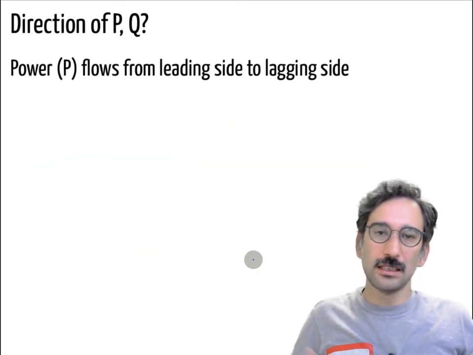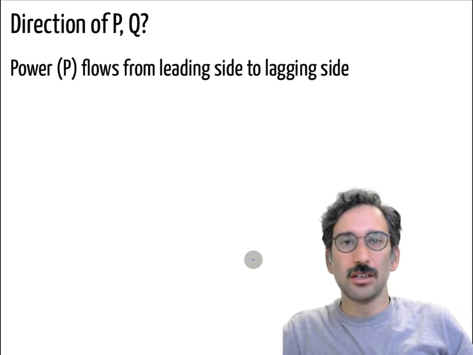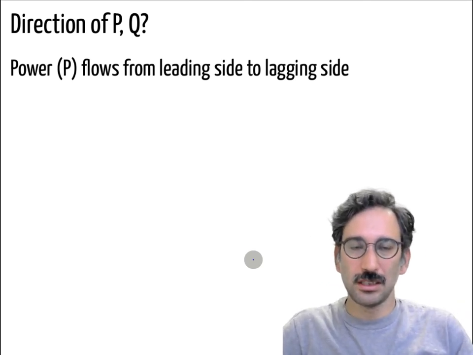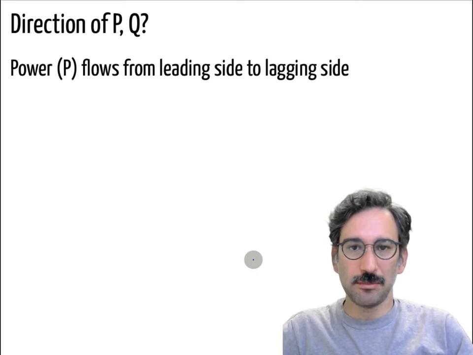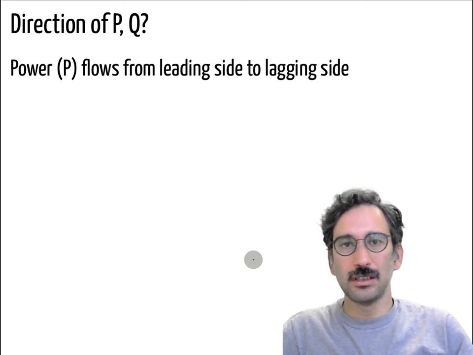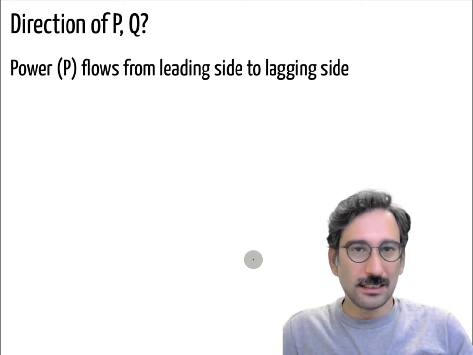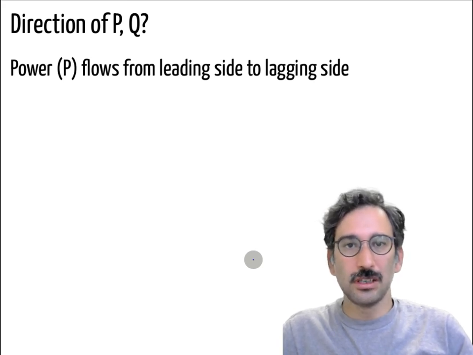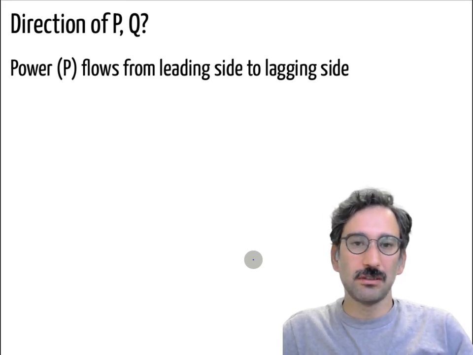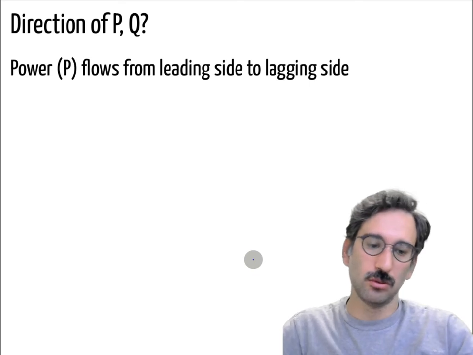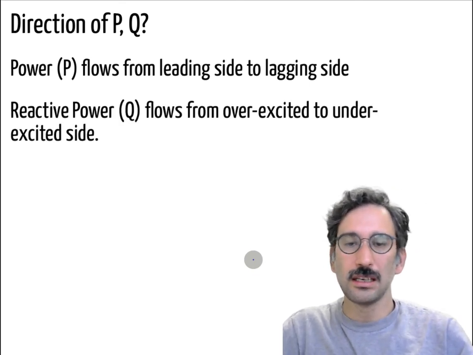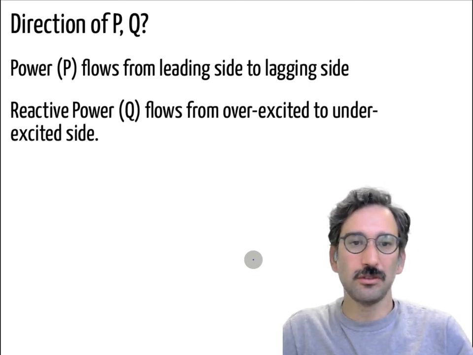So let's summarize those things, and again I will show you a couple more examples to understand that concept better. So for real power, actually it has nothing to do with the magnitudes of VT and EF. So real power flows from leading side to lagging side, okay, and reactive power actually flows from overexcited.